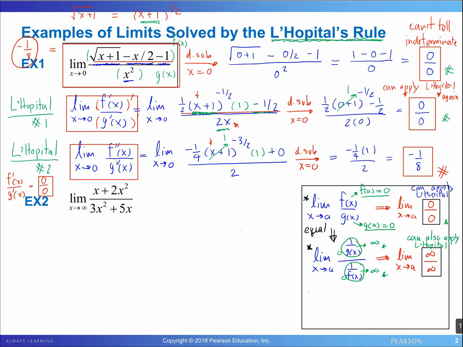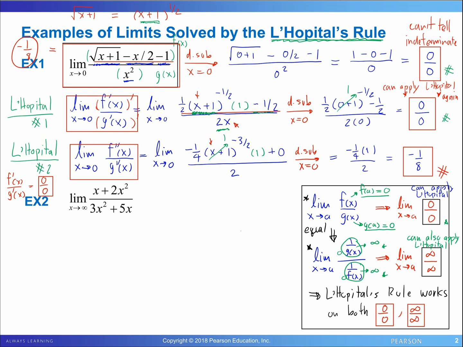And that's why L'Hopital's works on both 0 divided by 0 and infinity divided by infinity, these two indeterminate forms. Because you can arrange 0 divided by 0 to be infinity divided by infinity and the other way around.